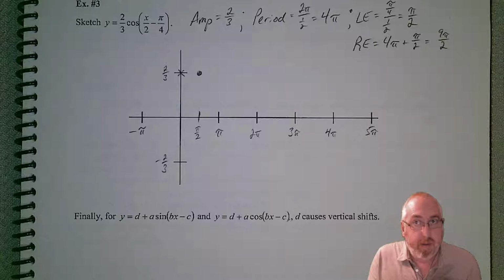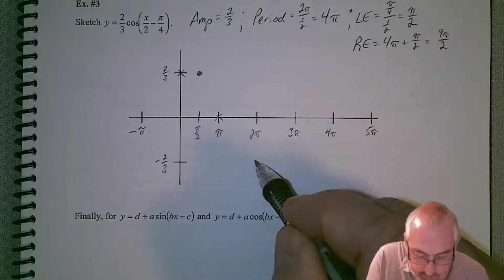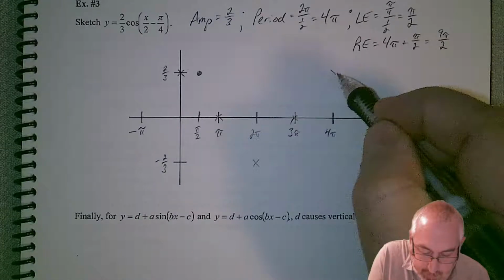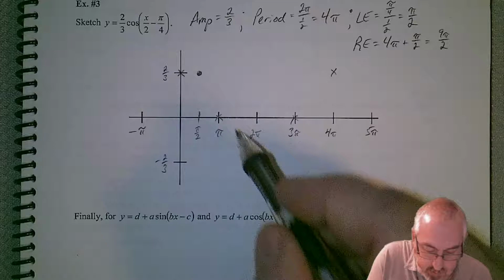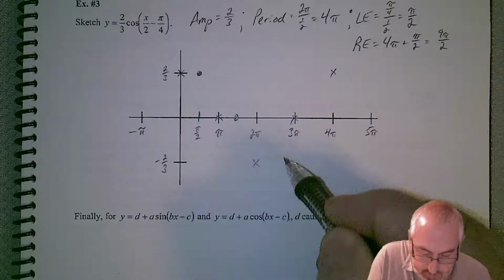So normally we would go down to here, and then we'd go down to here, and there, and then back up here. But all of those 5 key points are all shifted to the right pi over 2 units. So this point here is going to get shifted to there. This one is shifted to here, and so on.